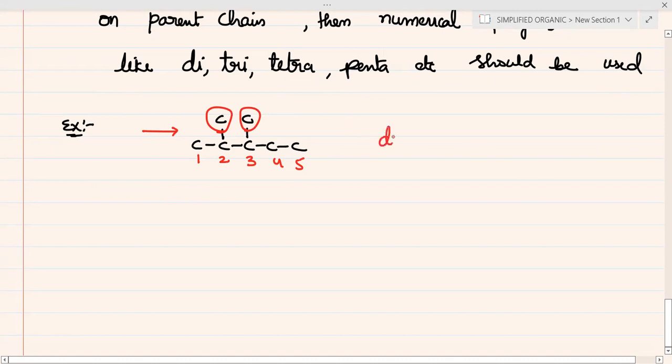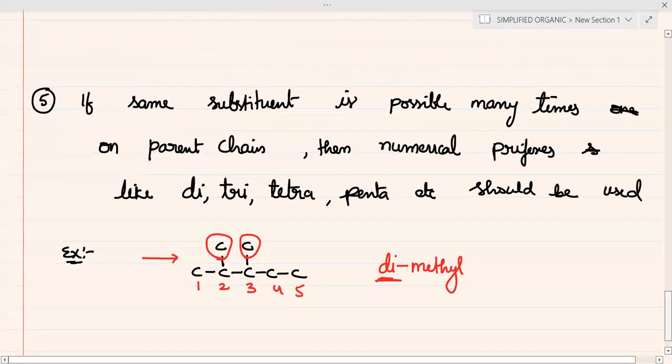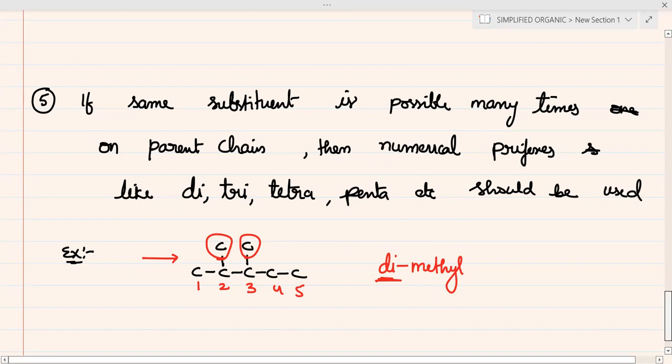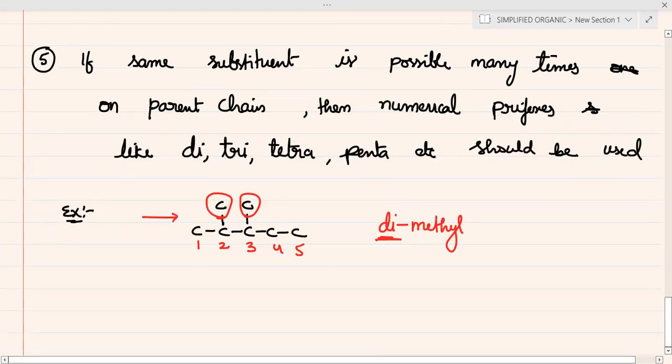So it is called dimethyl. So when the same substituent is possible, then you have to use di, tri, tetra, etc. before the branch. Numerical prefix should be used. I hope this is clear.